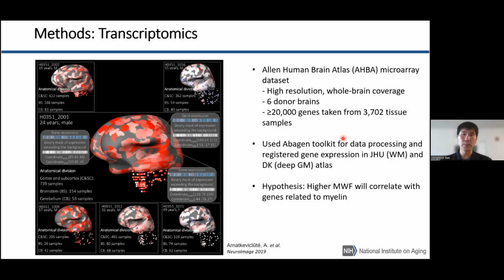You can see the visual representation of the location of tissue samples across 6 donors in this figure. We use the abagen toolbox for processing gene expression and use different atlases to compute the regional gene expression for all genes in several white matter regions as well as some deep gray matter structures. Our hypothesis here is that myelin water fraction will positively correlate with gene expression specifically related to myelin.